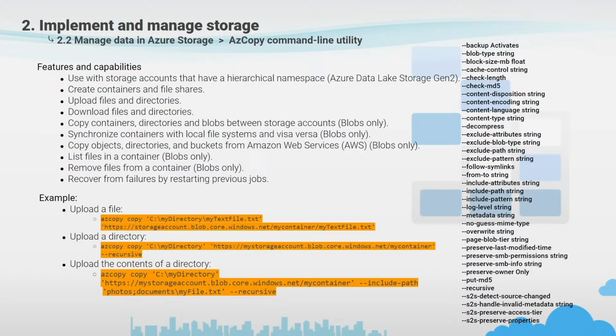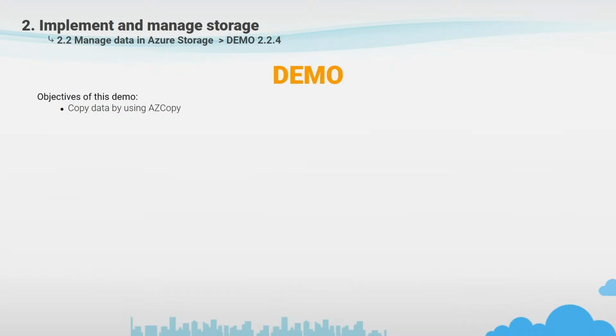As you can see, this utility has a lot of features and capabilities that include many options to satisfy your requirements. And here are some examples of how to use the AzCopy utility. Actually, it's very simple, as many other tools. Just use the source, destination, and parameters to copy data. Let's see how to work with AzCopy in the next demo.